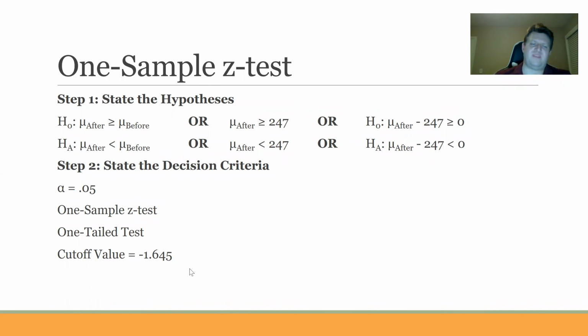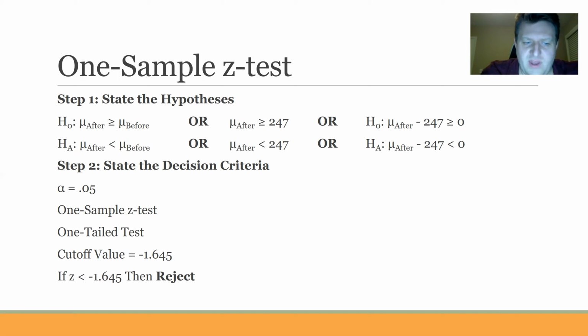So our cutoff value is negative 1.645. Do we reject the null hypothesis if our test statistic is greater than negative 1.645 or less than negative 1.645? Sorry about that. Our cutoff, we're going to reject when our z is less than negative 1.645. It wouldn't be the other way around. We're very likely to get a z-score that is more positive than that.